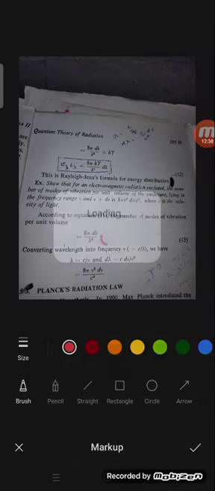Energy density E lambda d lambda is equal to the total number of modes into the average energy per mode, that is equal to kT, where k is the Boltzmann constant and T is the absolute temperature. Then E lambda d lambda is equal to 8 pi kT by lambda power 4 into d lambda. This is the Rayleigh-Jeans formula for the energy distribution.